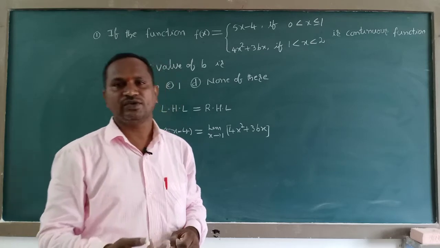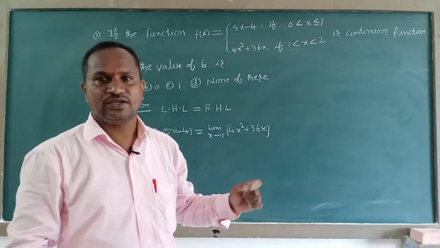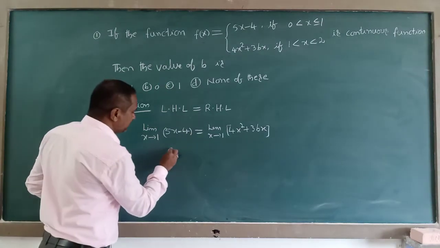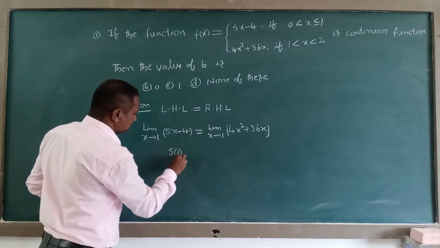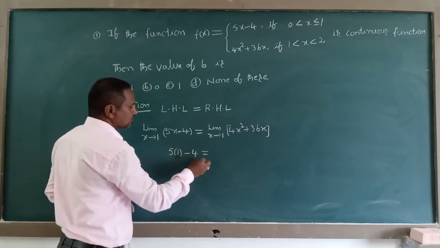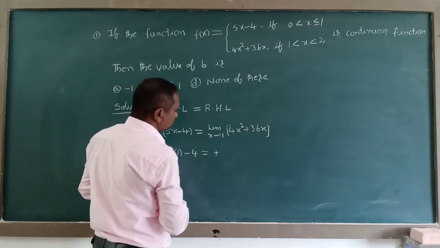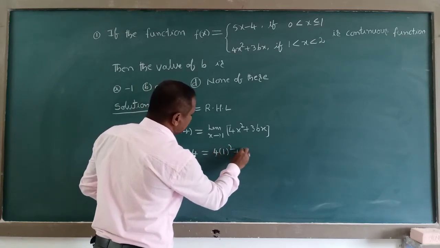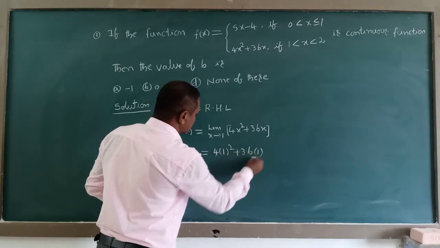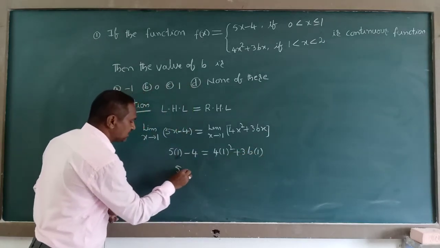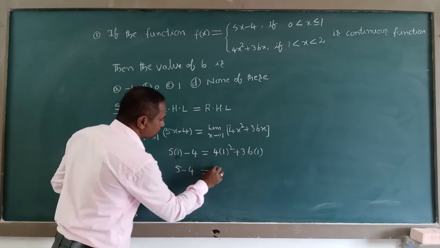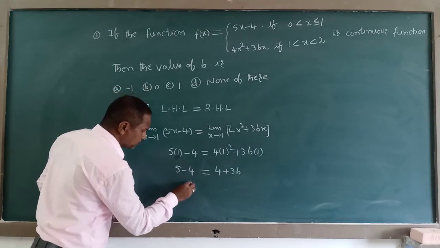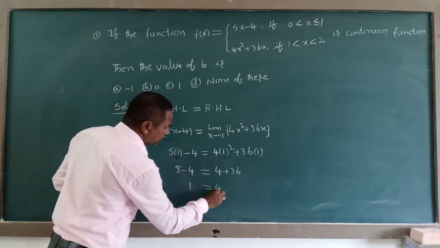Now remove the limit symbol. When removing the limit symbol, instead of x we put x equal to 1. That is 5 into 1 minus 4 is equal to 4 into 1 square plus 3b into 1. 5 minus 4, that is 1, is equal to 4 plus 3b.